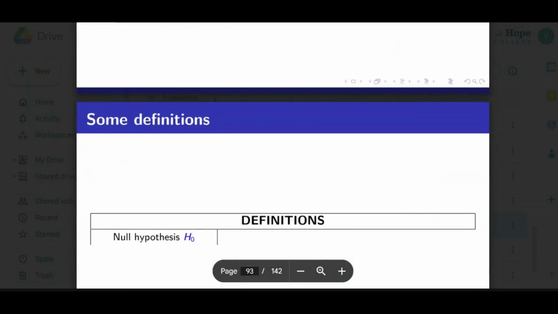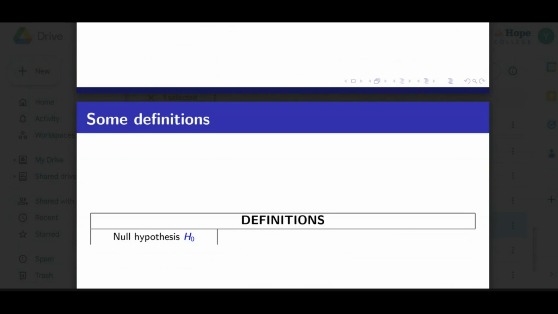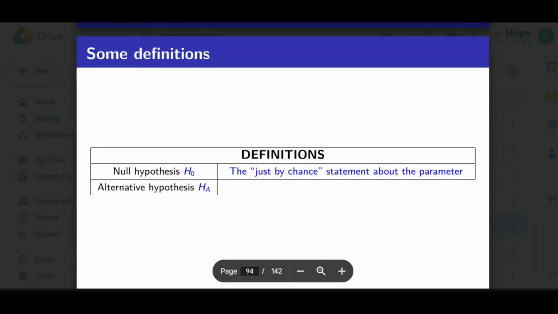So okay, remember I told you to ignore those H things in the group work? Well, I'll tell you now what they are. There's something called the null hypothesis. It's H0. It's just a symbol, right? The null hypothesis is the just-by-chance statement about the parameter.